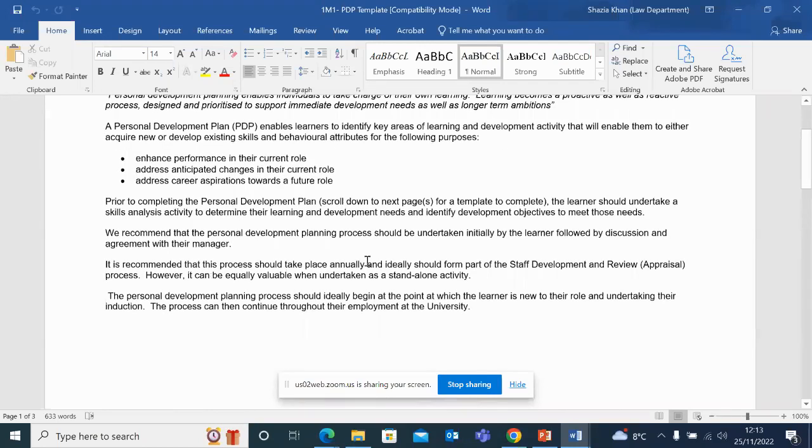Prior to completing the personal development plan, the learner should undertake skills analysis activity, determine their learning and development needs, and identify development objectives to meet those needs.